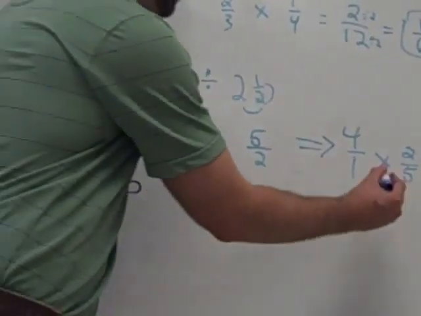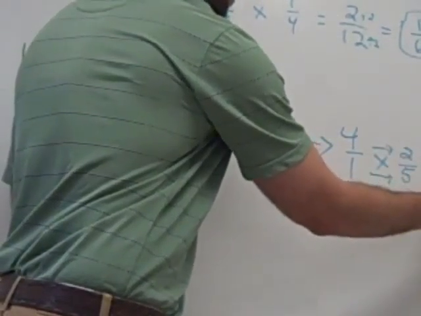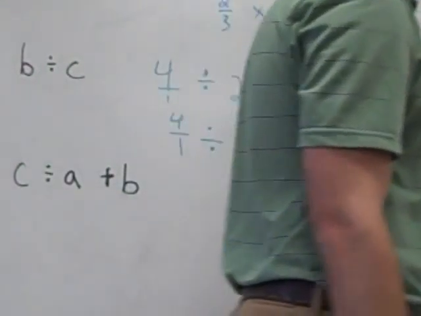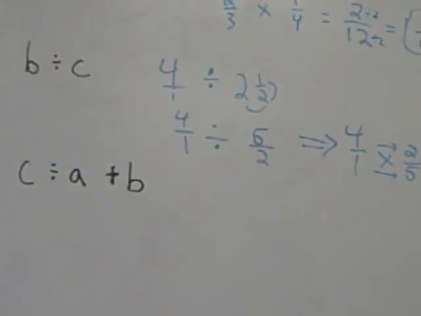Multiply top by top, bottom by bottom. What do I get? 8/5. I'm done? No. Why am I not done? What kind of fraction do I have? Improper. Do we ever leave it improper? So what do we got to do? Divide the bottom into the top. It'll go 1, with how many left over? 3 over 5.